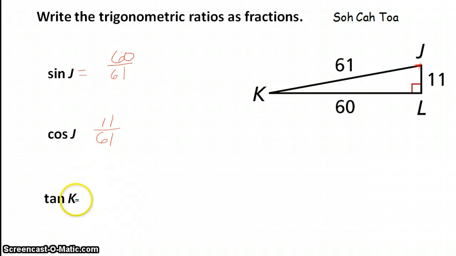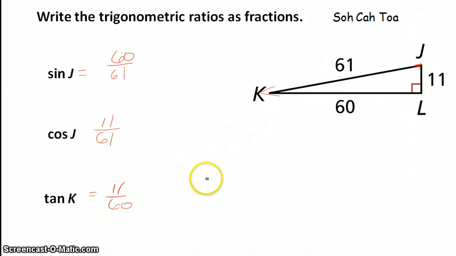And then we're going to look at the tangent of K. Let's highlight K. Tangent is opposite over adjacent. Opposite of K is 11, over the side adjacent to K, which is the 60. K is also attached to side KJ, but remember, that is the hypotenuse.